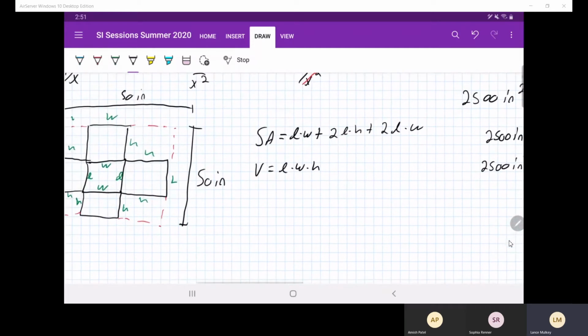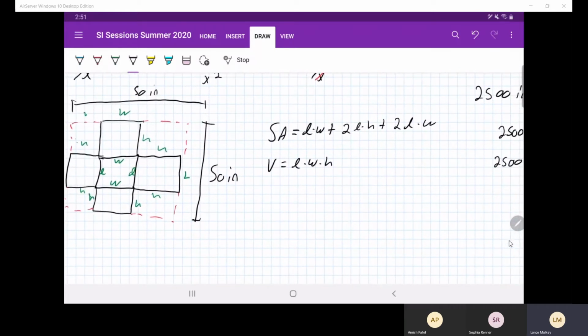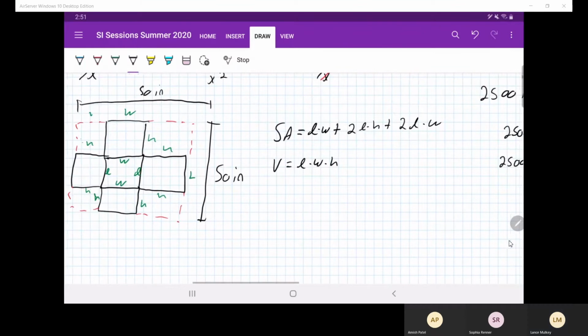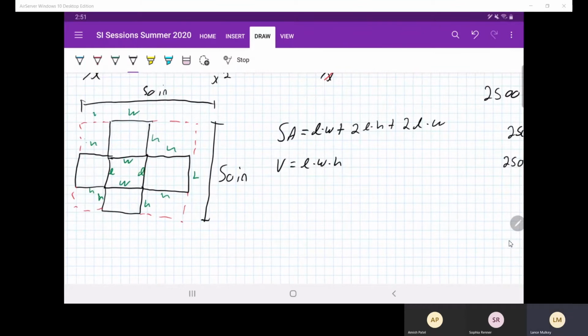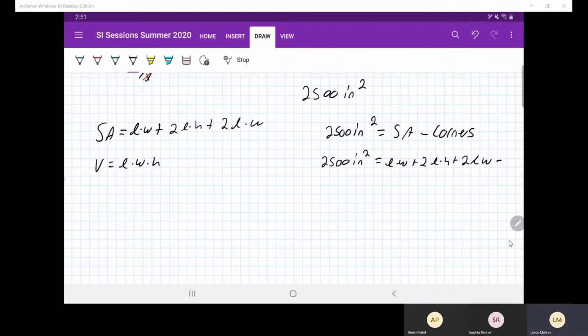Each corner is like 2 length times height and 2 length times width. Actually, no. These corners are all h squared. And this right here is wrong. This should be h.